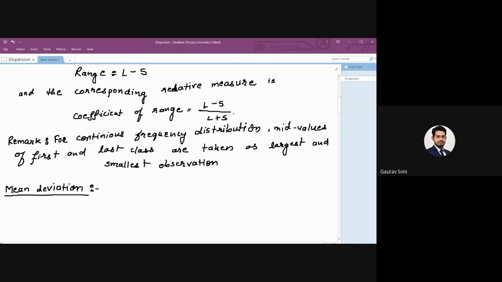We are making a statement that it is dispersed, but from what is it dispersed? Now this statement makes perfect sense. In a similar manner, we are going to calculate the deviations from the mean.